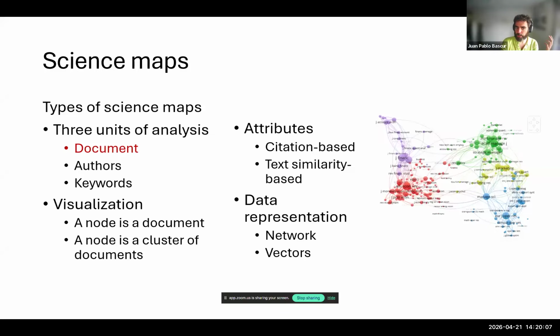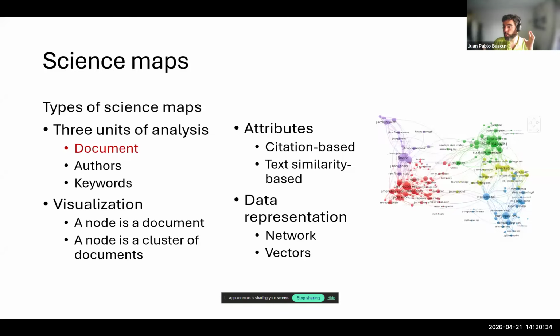Then, when you visualize the map, you have to make a decision of what the nodes represent. So each of these dots is a document or is a group of documents. Here, each dot in this image is a document, and you can see it's already getting very unwieldy, very hard to read.